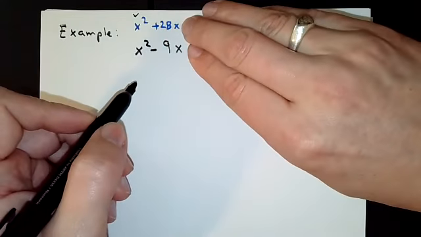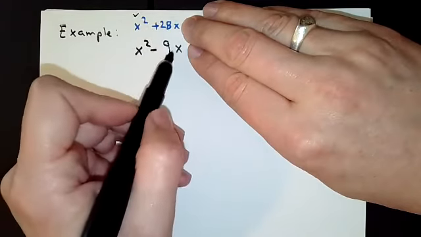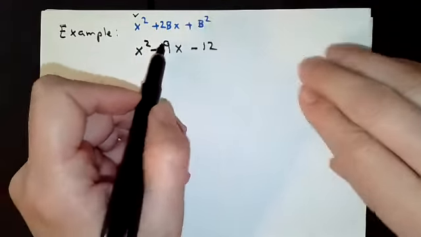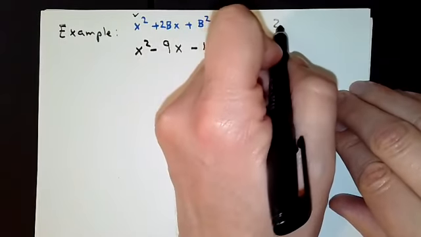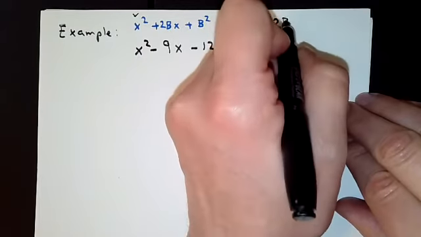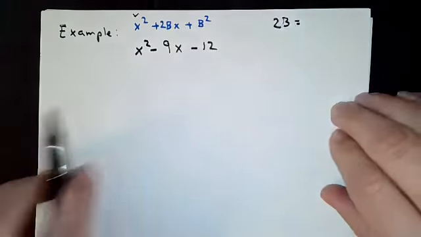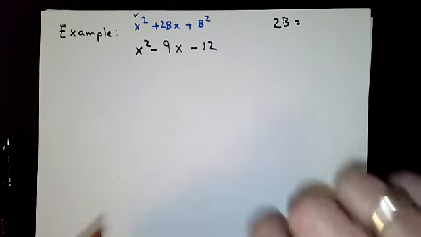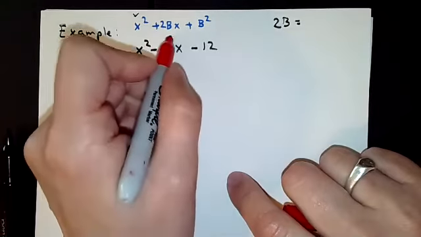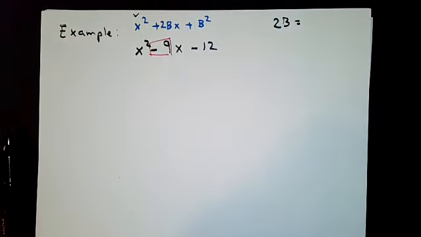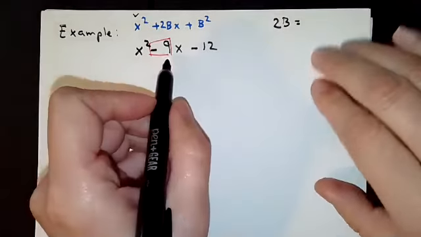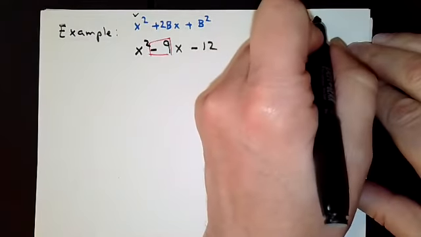The middle terms will match as long as we set up the correct relationship. So we're going to come over here and say that 2 times b is equal to, now remember, we need the entire coefficient, and that includes the sign. Right? The coefficient is not positive 9, it's negative 9. So 2 times b is negative 9.